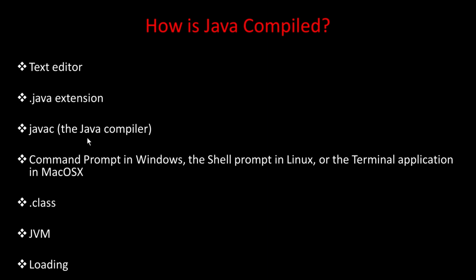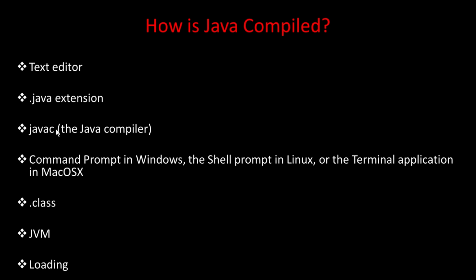You will see it generate another file with a dot class extension for the Java source code you created. If you don't really understand what I'm saying, don't worry too much about it. Maybe when we start the practical, you will understand it perfectly. But just try to get what I'm saying now.